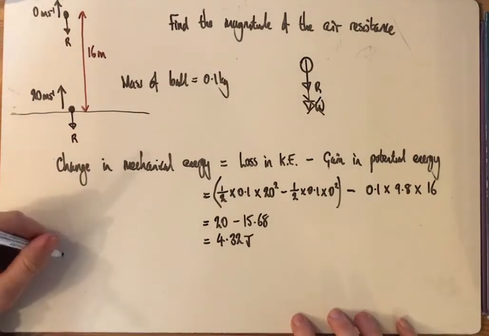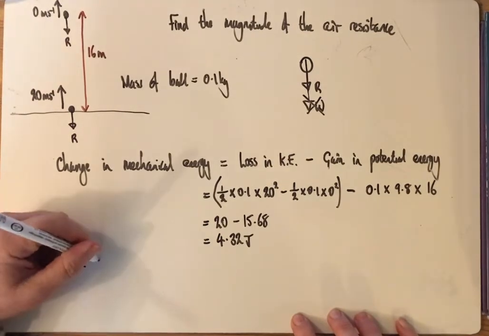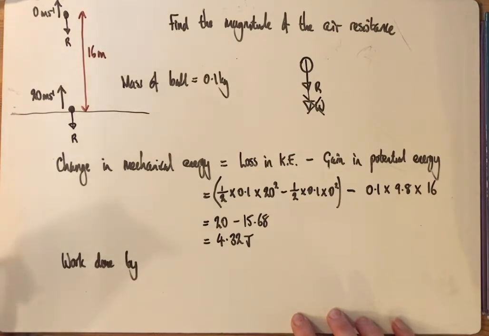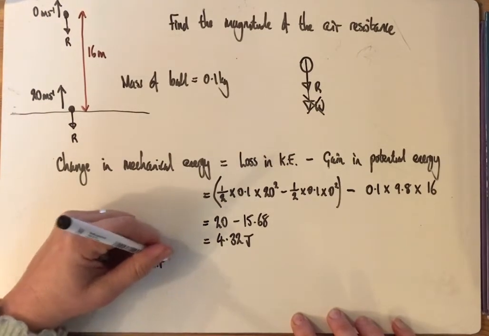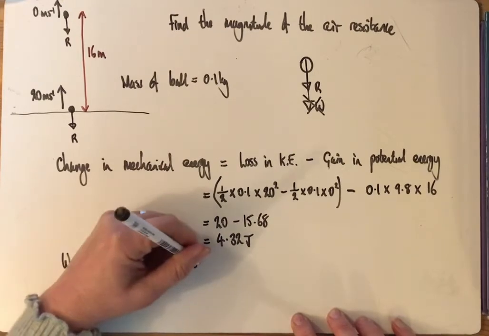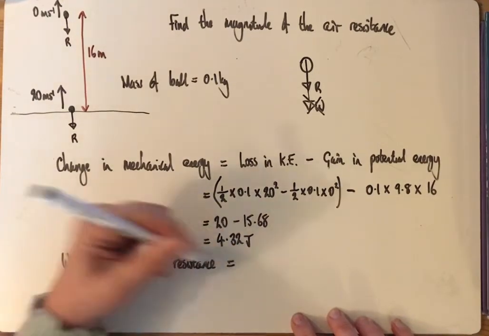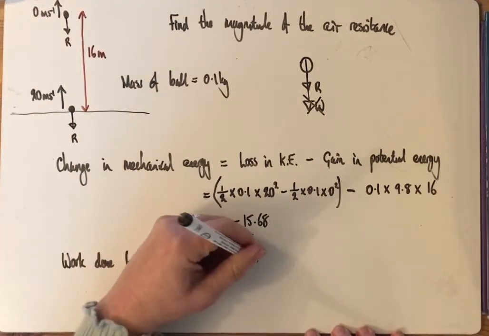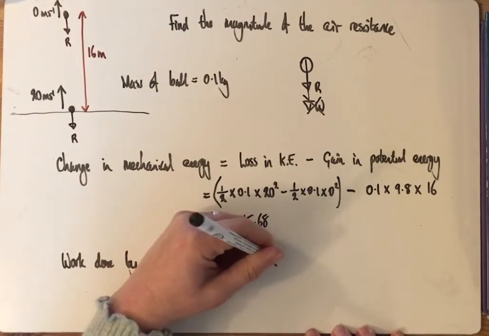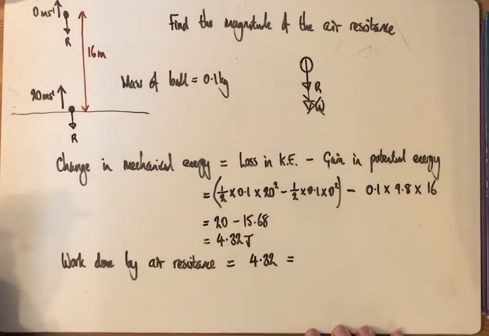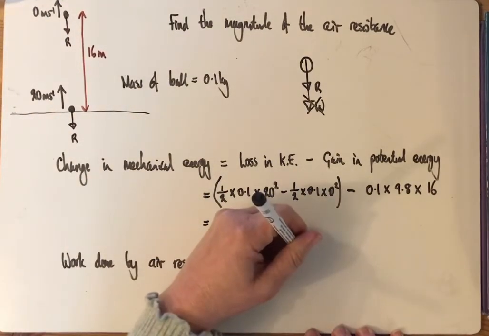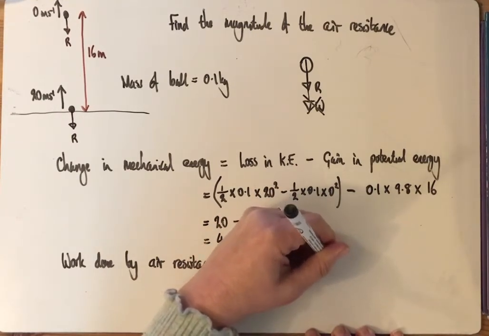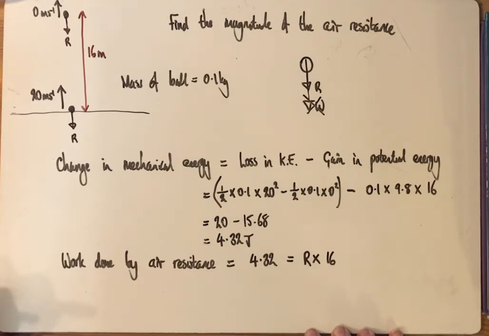So work done by air resistance is equal to 4.32, and that is equal to the air resistance R times the distance travelled, which is 16.